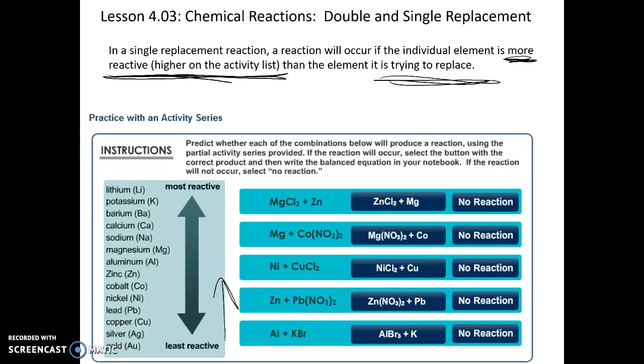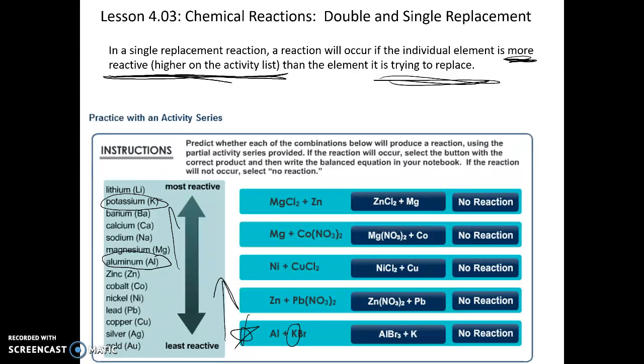So for instance, if we look at the bottom reaction here for aluminum, we can see that if we look at aluminum on our activity series here, aluminum falls right here. All right, it is trying to replace potassium, which is much higher on the list.